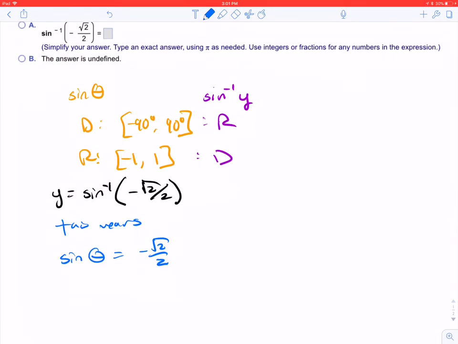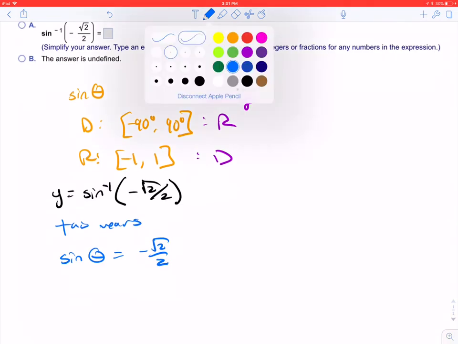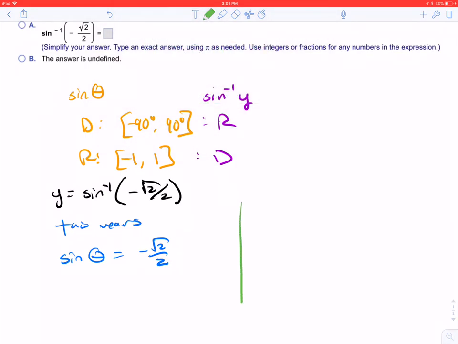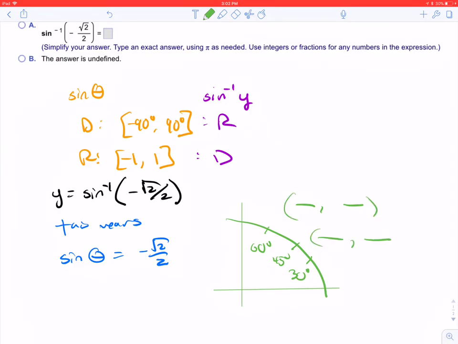So if you think of the unit circle, this is just the first quadrant, where this is your 45, this is your 60, this is your 30. They're all over 2.